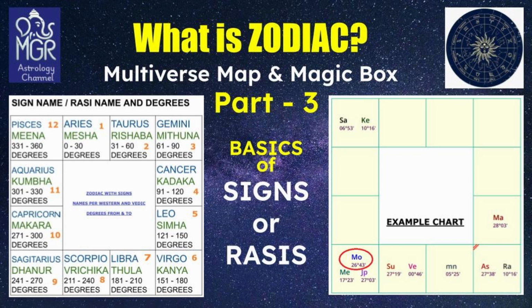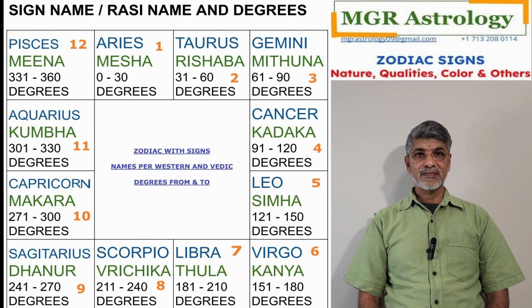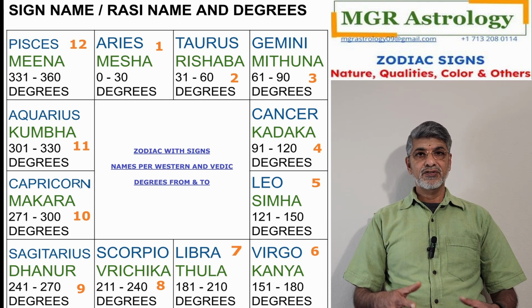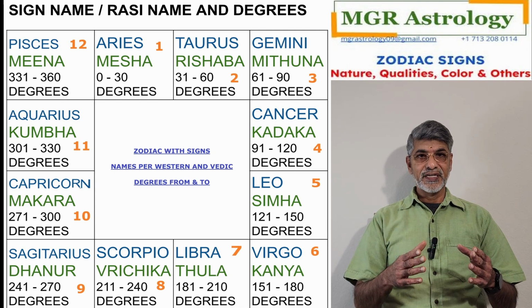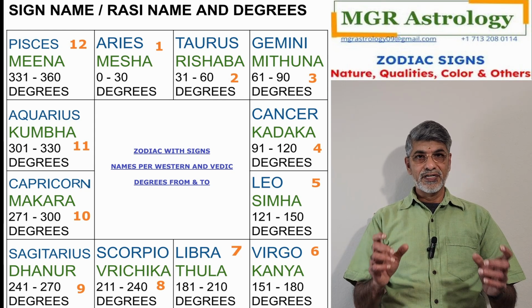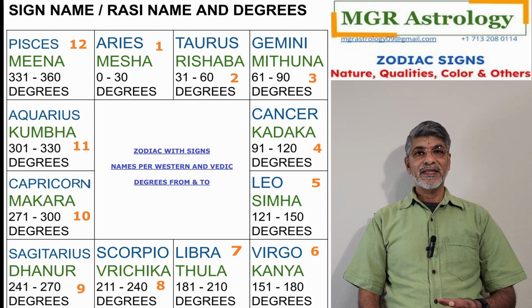In the last video about signs or rasis, I have covered 12 signs starting from Aries to Pisces, that is Mesha to Meena. I have given you the Vedic names, Western or modern names of the signs, what are all the degrees covered, and also we talked about why Aries is the first sign of zodiac.